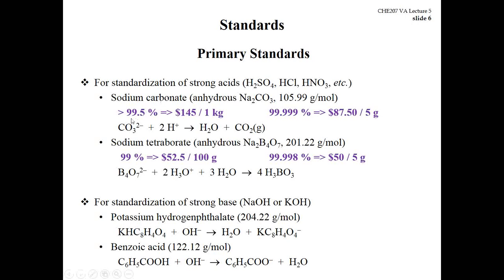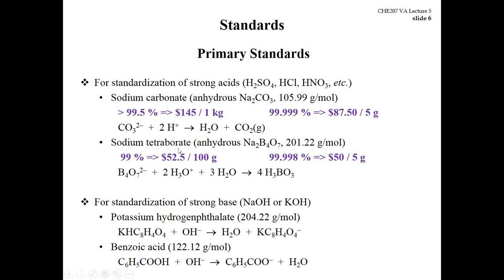For the purity of 99.5%, it is about $145 per kilo. For the purity of 99.999%, it costs almost $90 for 5 grams. This purity is often referred to as 5 nines, 99.999%. Very high purity.